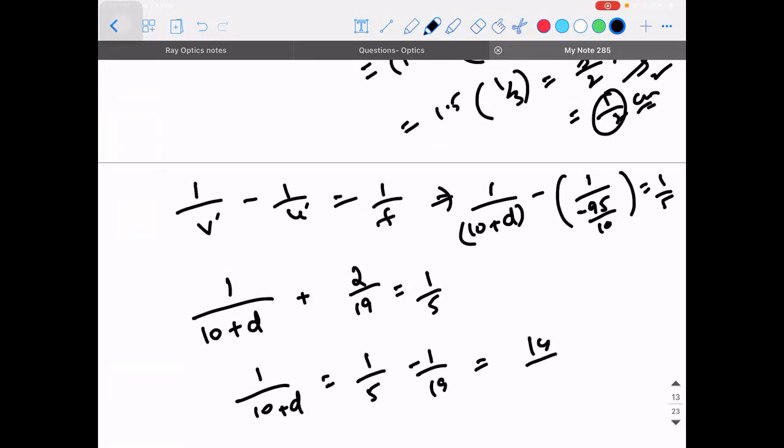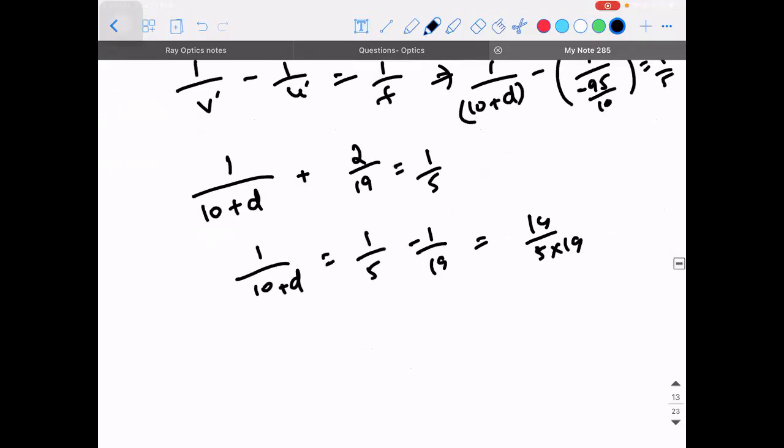So 19 minus 5, 14 divided by 5 into 19. 5 into 19 is 95. So 10 plus d is 95 divided by 14. Negative answer.